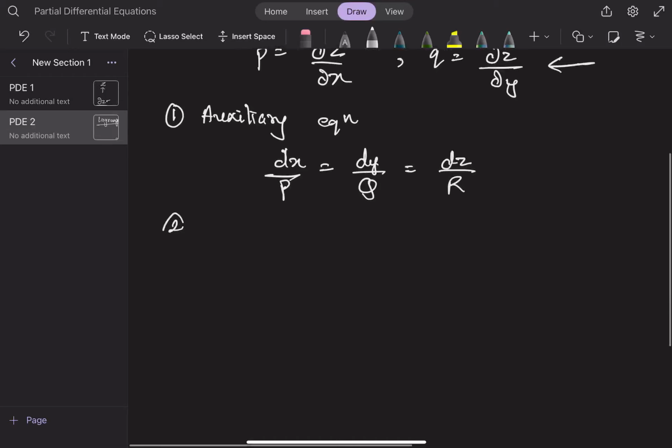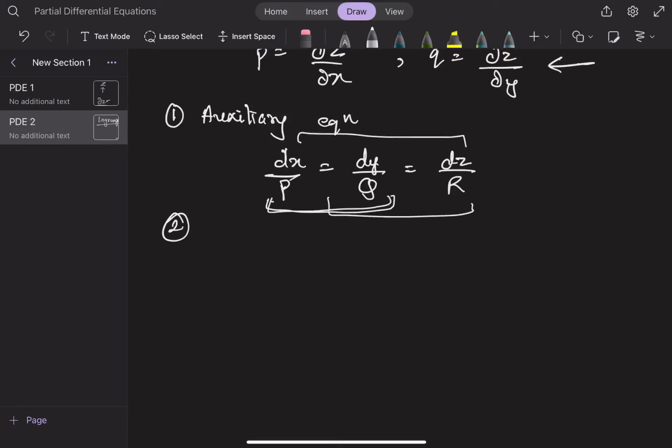The second step, you're going to equate any two of these, for example these two or maybe these two. Equate any two such that a third variable gets cancelled.